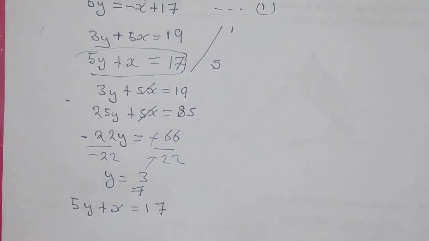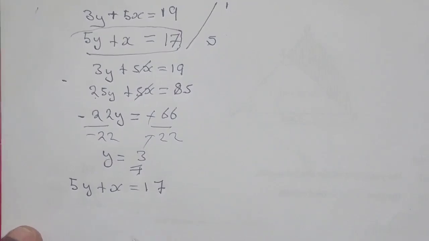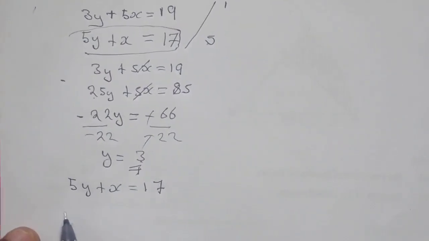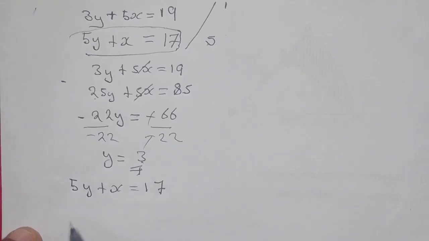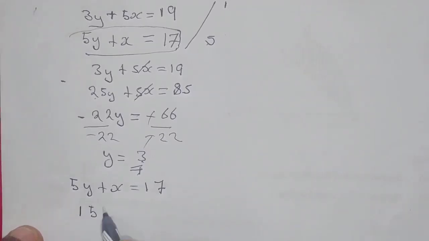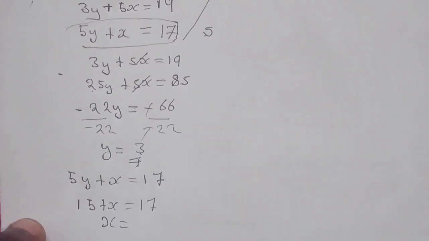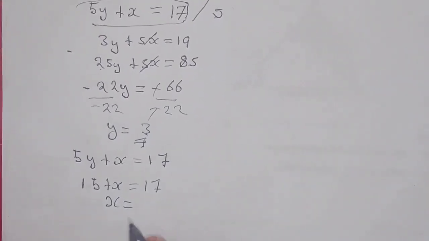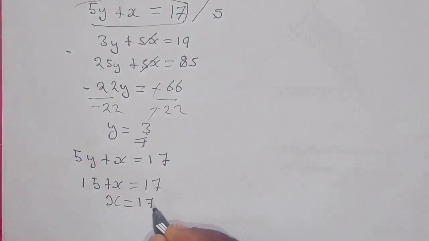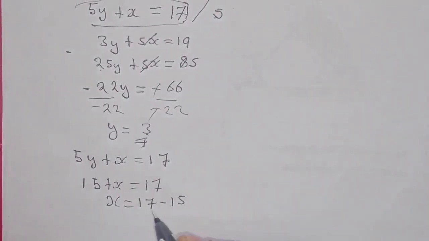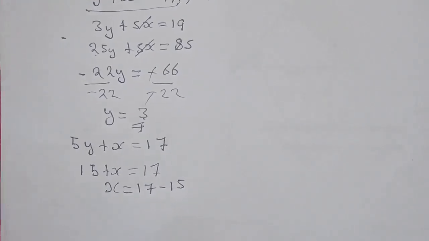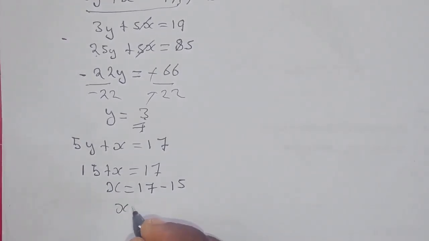Where there is y, we replace with the 3. So 5 multiplied by 3 will give us 15. So 15 plus x is equal to 17. X is equal to, we take 15 to the other side, so we're going to have 17 minus 15, which will give us 2. X is equal to 2.